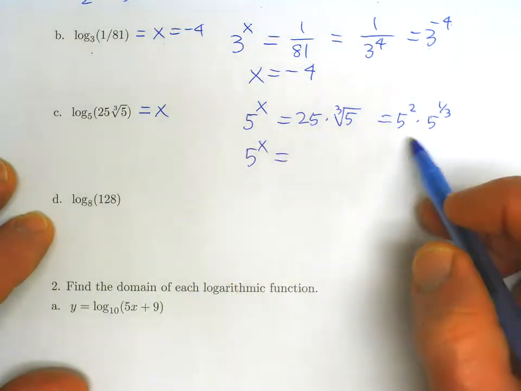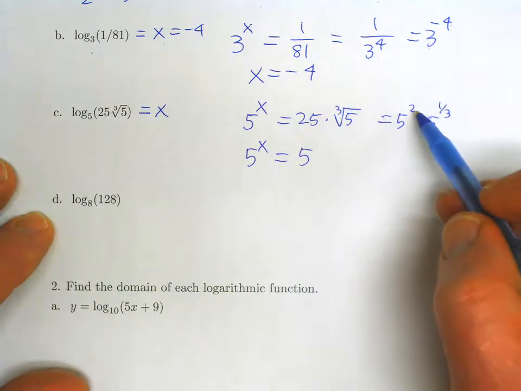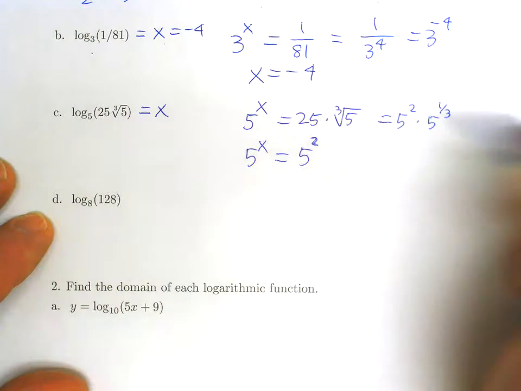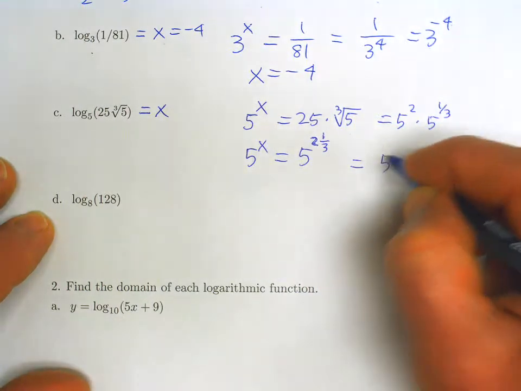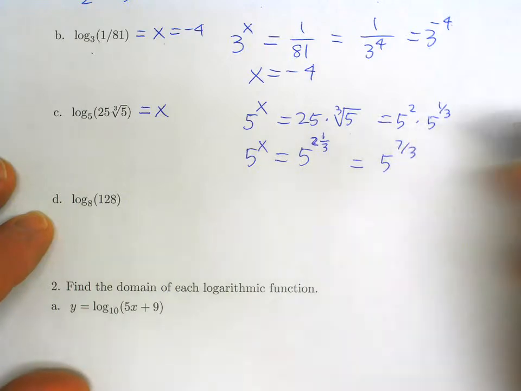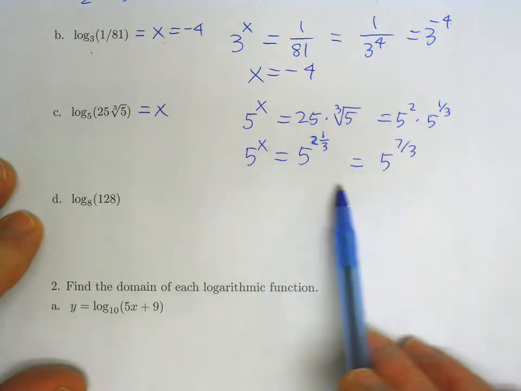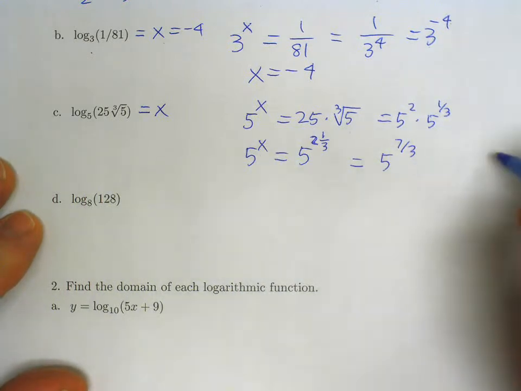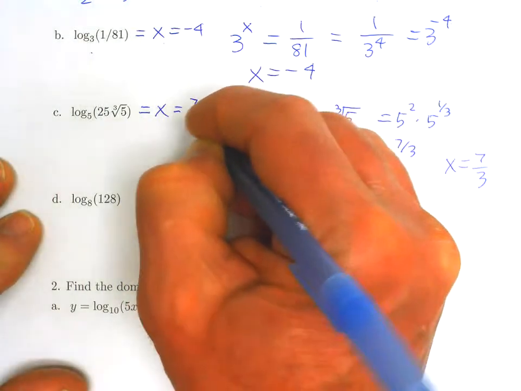And 5 to the second times 5 to the 1/3 is 5 to the 2 plus 1/3. So I'll just write 2 and 1/3. If you want, you can write it as 5 to the 7/3. That's okay. But since 5 to the x equals 5 to the 7/3, then x equals 7/3. So this simplifies to 7/3.